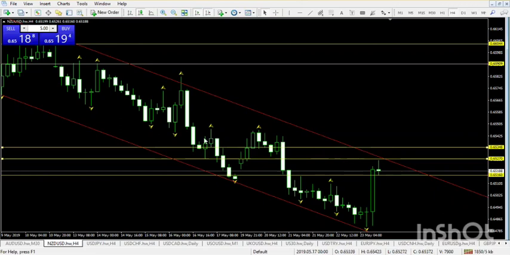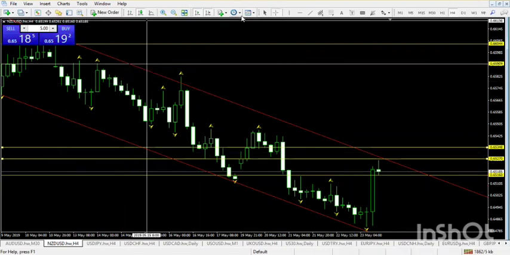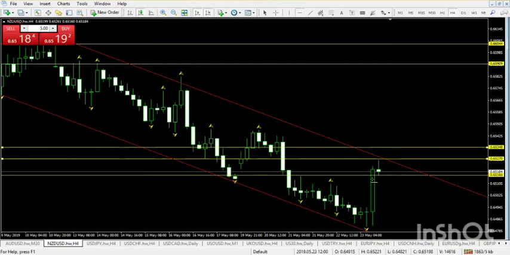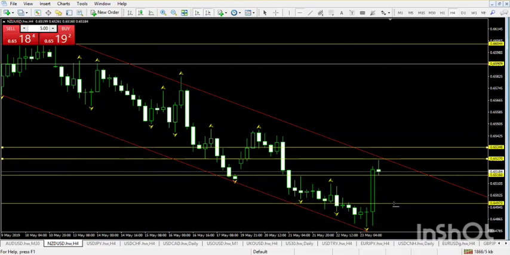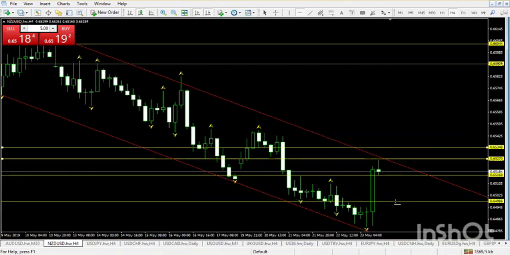I'm going to continue the trade up until here, and if it declines and the candlestick is completed like this, I will put the sell stop below this yellow line here. I'm going to continue the trade up until this swing low pivot.